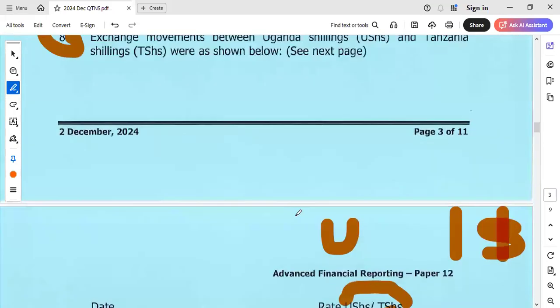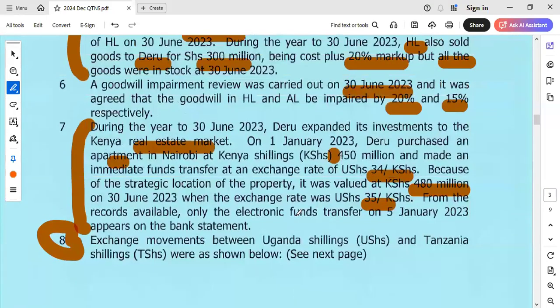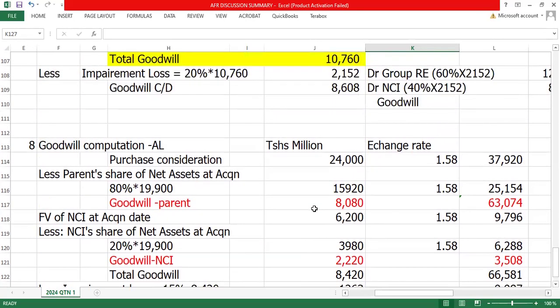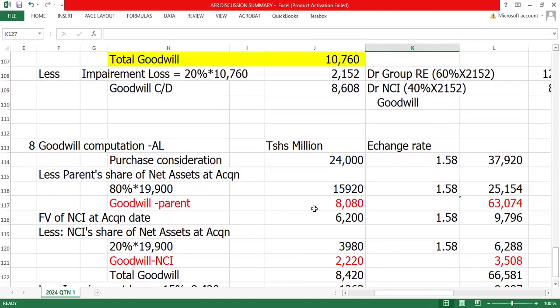The impairment was, yeah, it was 15. Okay. All right.